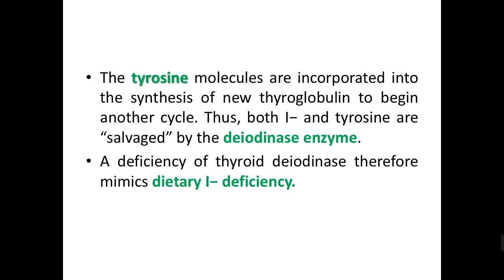The tyrosine molecules are incorporated into the synthesis of a new thyroglobulin to begin another cycle. Thus, both iodine and tyrosine are salvaged by the deiodinase enzyme.